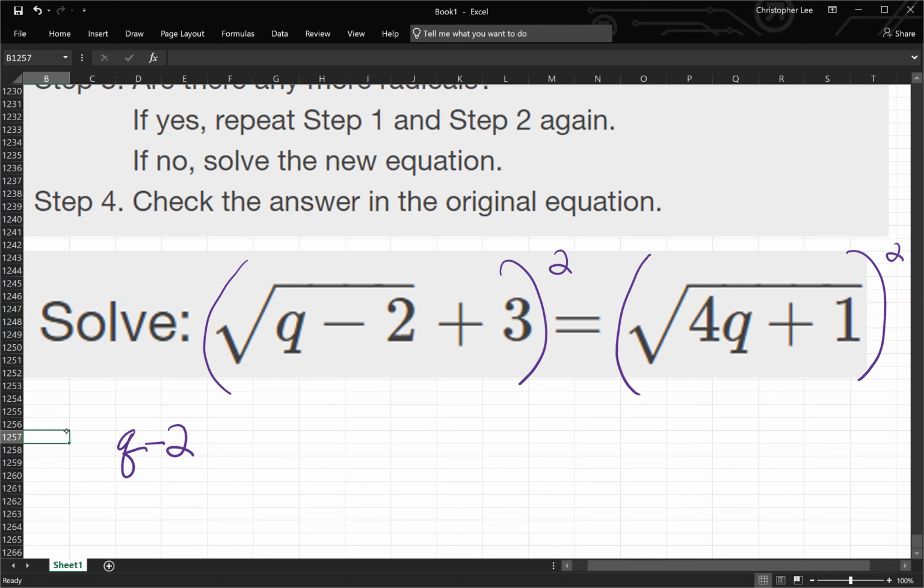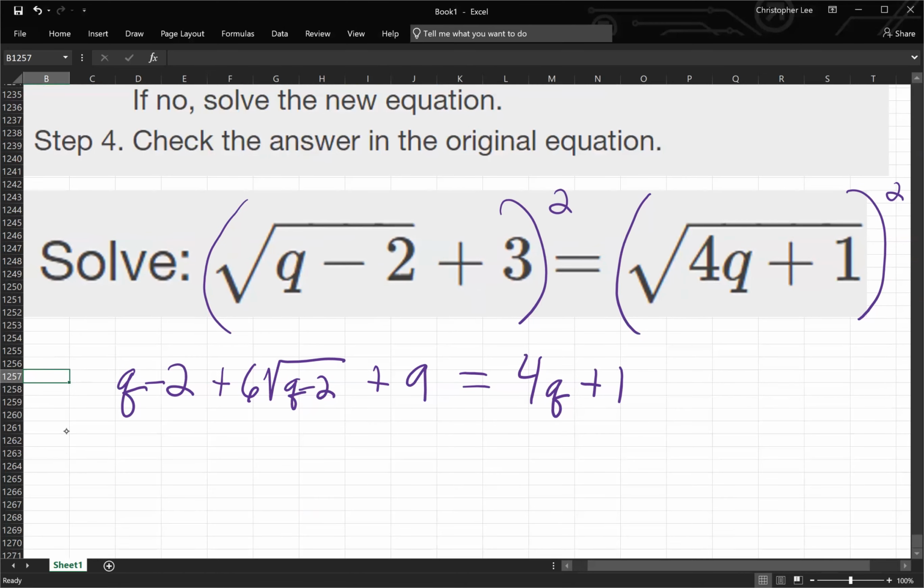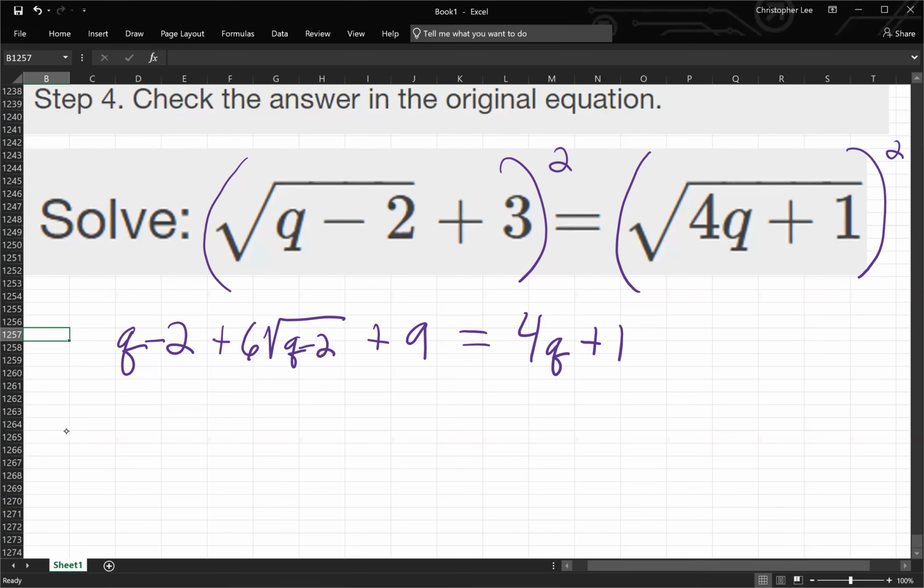Like that. So Q minus 2, right? This is gonna be plus, let's see, 2 times 3 is 6, right? So 6 square root Q minus 2 plus 9 is equal to 4Q plus 1. Not too bad, right?